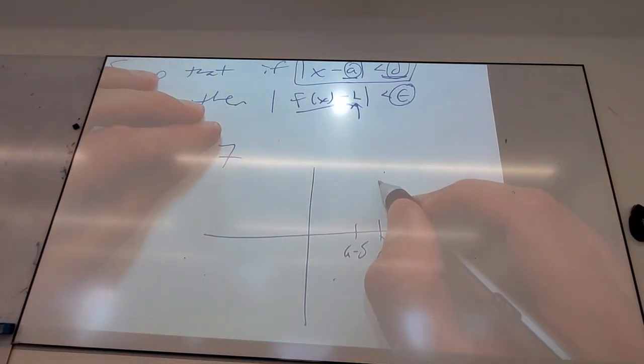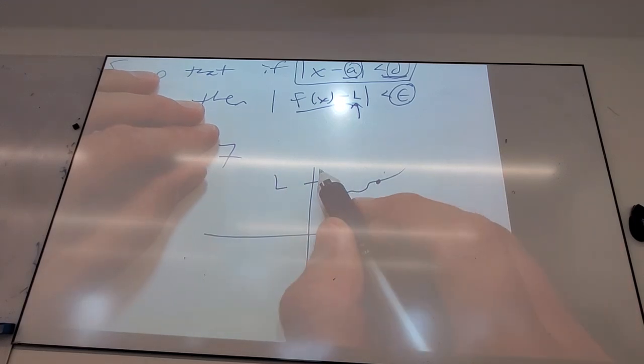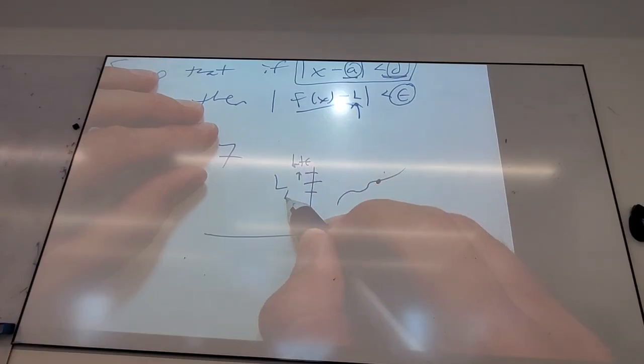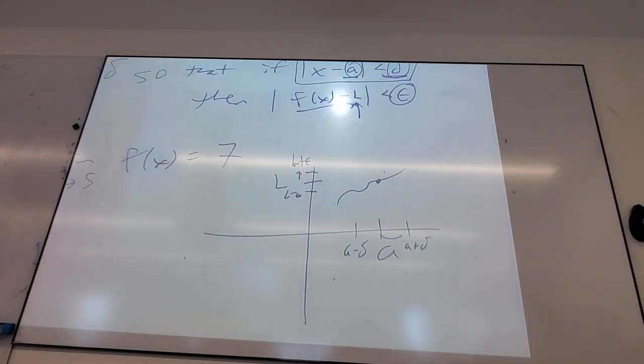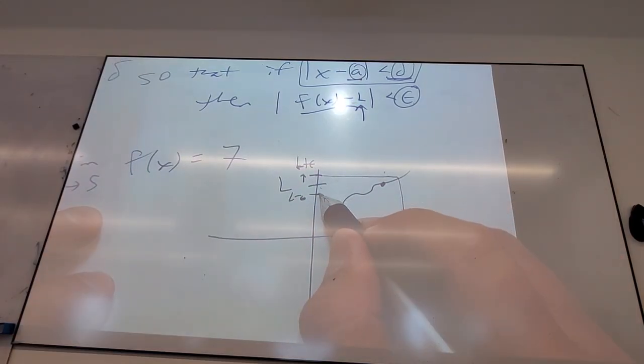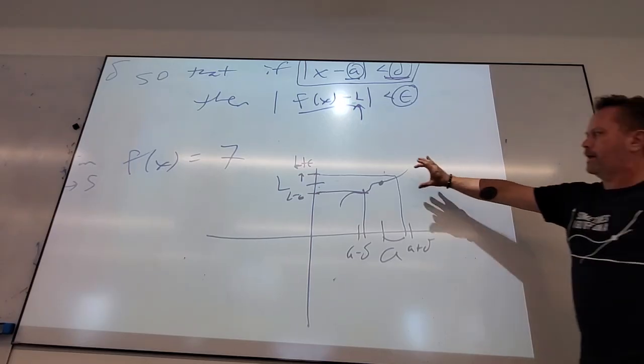And if A supposedly has a limit of L, then if somebody gives me an epsilon, this is L plus epsilon, this is L minus epsilon. So if I'm within epsilon from L, I should always be able to find a delta so that my outputs are always that close.